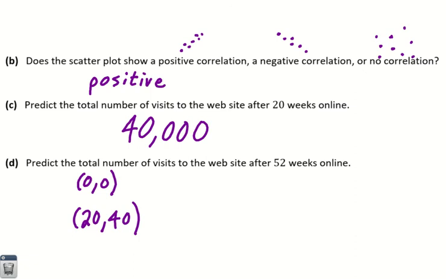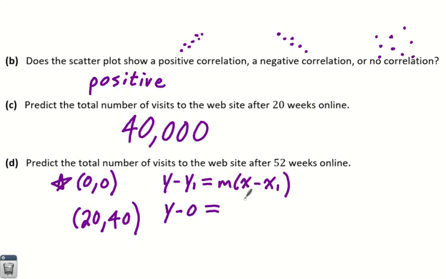So remember how we do y minus y1 equals m times x minus x1. Okay, I'm going to go ahead and use 0, 0 as my point. So I already know I'm going to be plugging in 0. I mean, what's better than plugging in 0? That's very nice. This is going to be very convenient, having 0, 0. So what's my m?